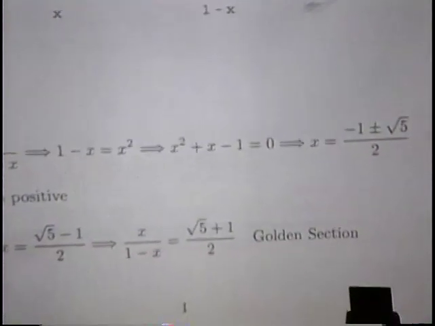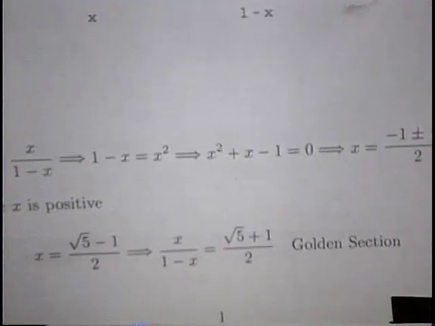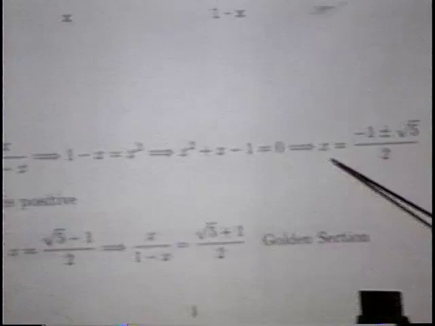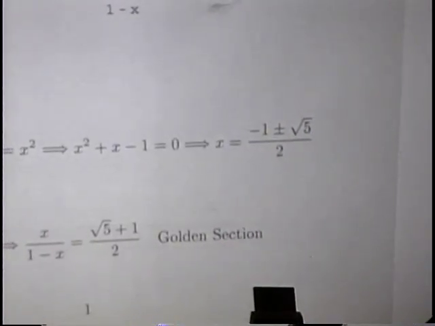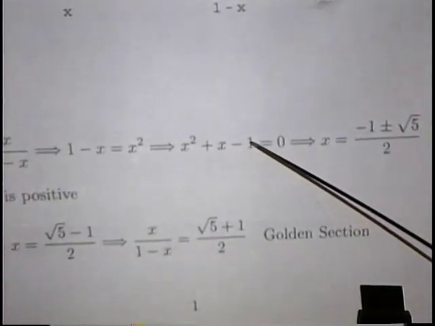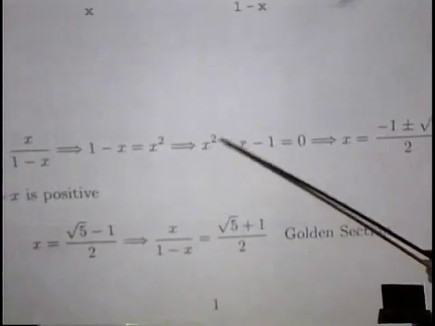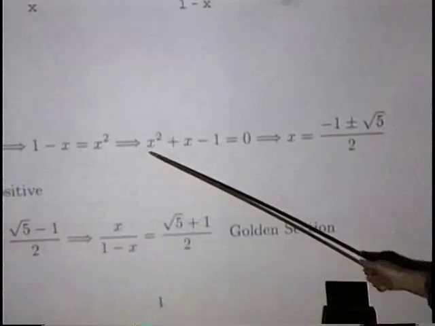And I've anticipated what we're going to do in a little bit, namely I've written down the usual formula for solving a quadratic equation: minus b plus or minus the square root of b squared minus 4ac. So b here is 1. Minus 4ac is minus 4 times 1 times minus 1, which is 5, all divided by 2a, and a is 1.